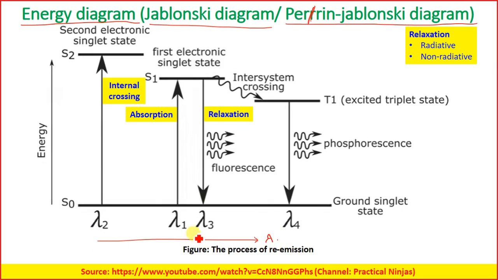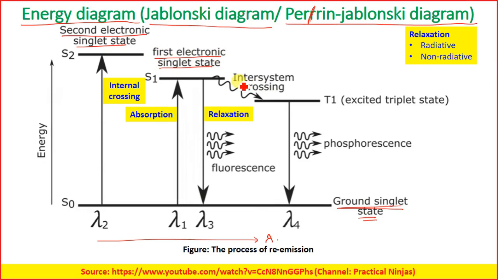Now over here I have drawn certain lines. The first line is the ground singlet state. The second one is the second electronic singlet state. Then I have drawn another one, the first electronic singlet state.